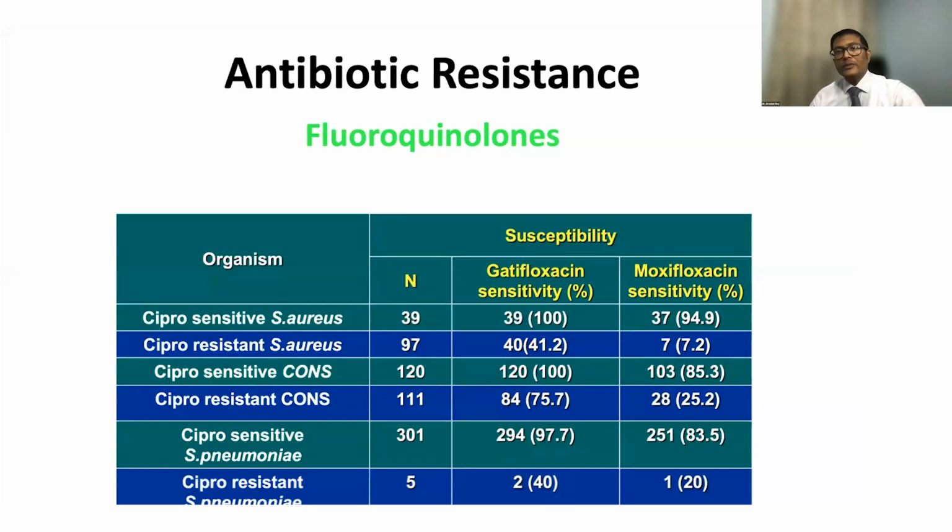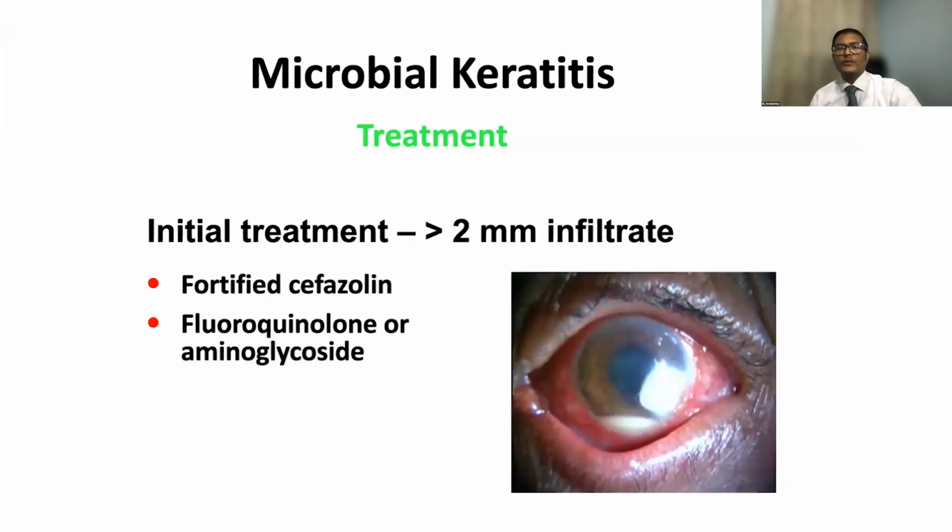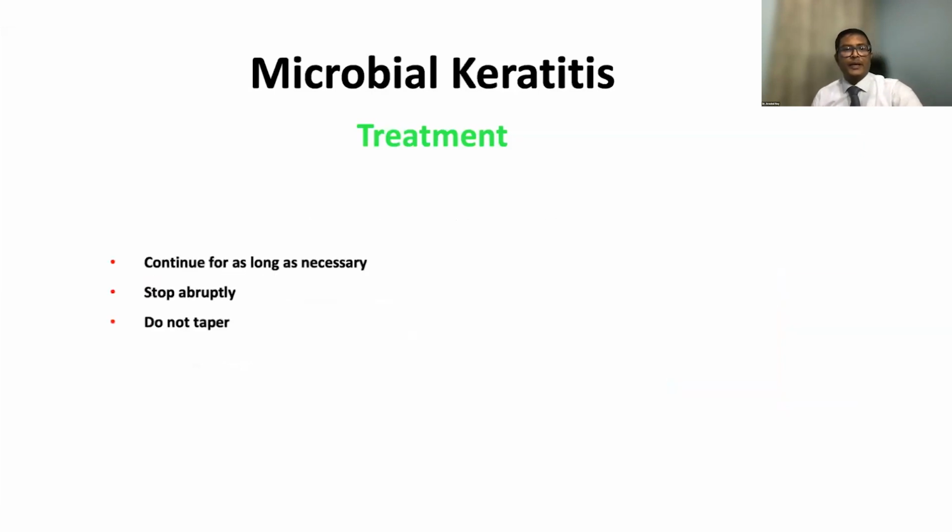So not only is judicious use required, but perhaps it's important to shift to an altogether different class of antibiotics. If we are looking at an ulcer which is smaller, less than say 2 millimeter, non-severe, and probably involving the superficial corneal stroma, then it might be useful to start with a fluoroquinolone or give a fortified cephalosporin with an aminoglycoside.